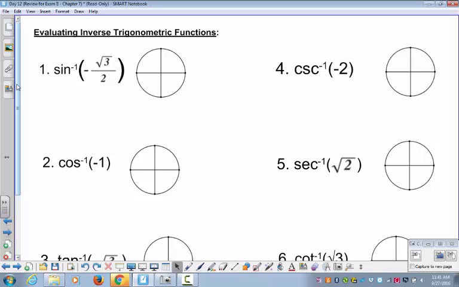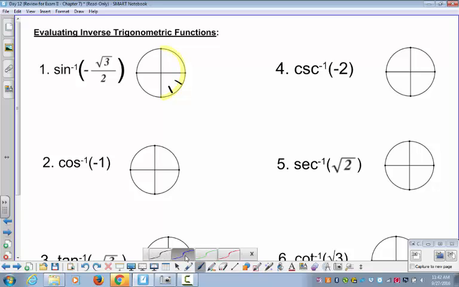Inverse sine, top or right? Right-hand side. So inverse sine is an angle on the right. And we want to find the angle on the right that has a sine value of negative root 3 over 2. So 12-sector or 8-sector circle? 12-sector circle, let's put a couple of little tick marks there.